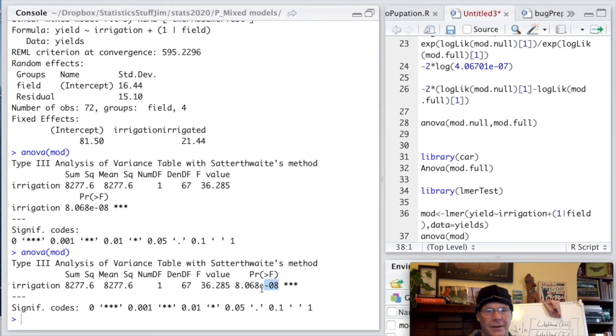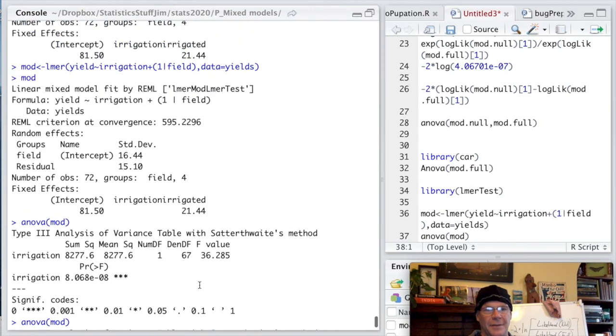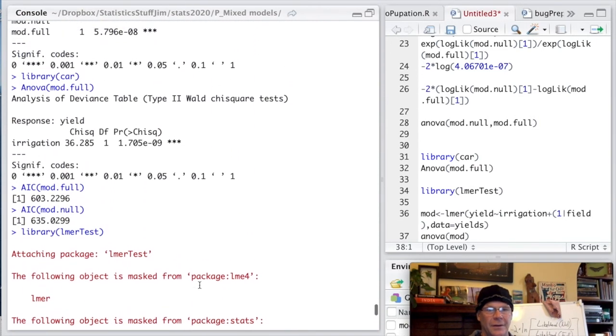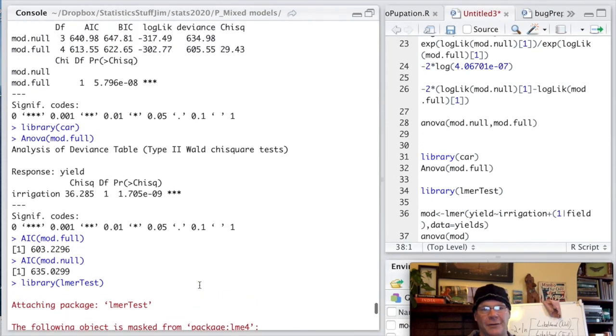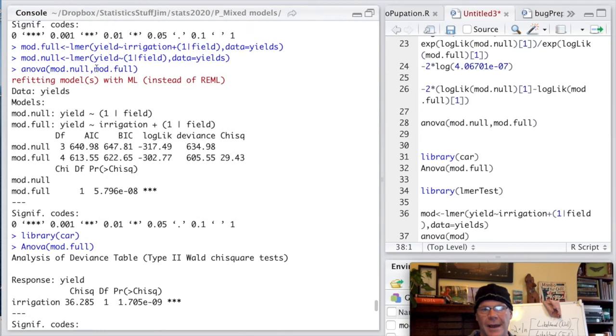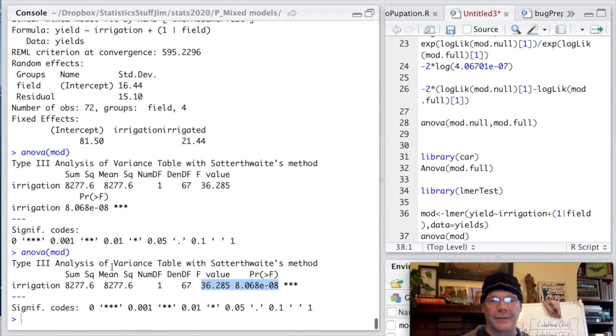If we look here at the F value and the P value, it's very, very similar in order of magnitude, being small, to both the likelihood ratio and the Welch likelihood ratio variant of that. But we have an actual p-value that's set up in the framework of an ANOVA table.